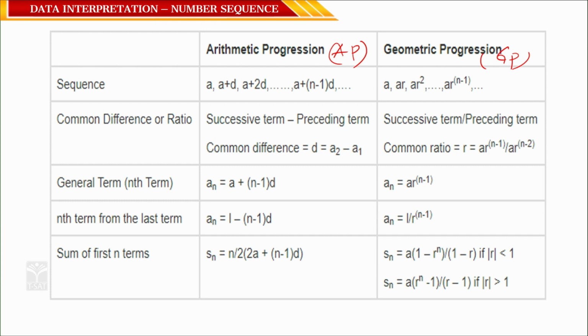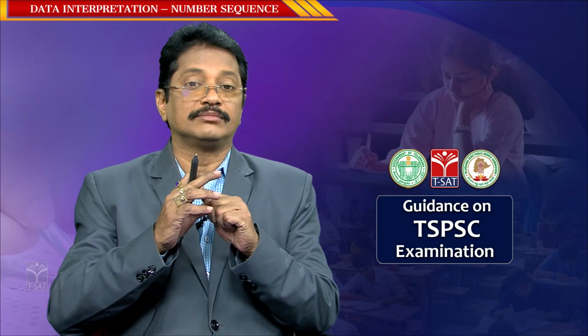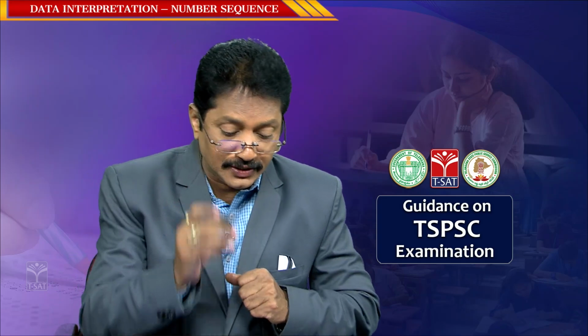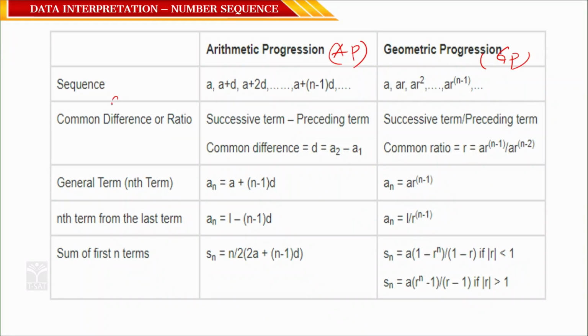Okay. For example, if there are 3 terms which are in AP, then how are we going to assume them? We can assume them as A minus D, A, A plus D, because when you add all of these, the D cancels out. That is very important.